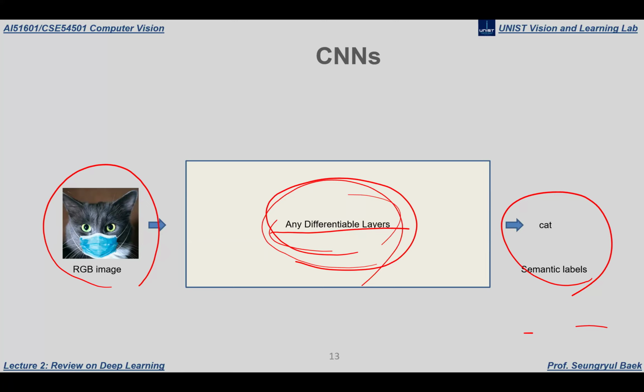But you can find different types of deep learning architectures, and CNNs are one of the successful deep learning architectures.